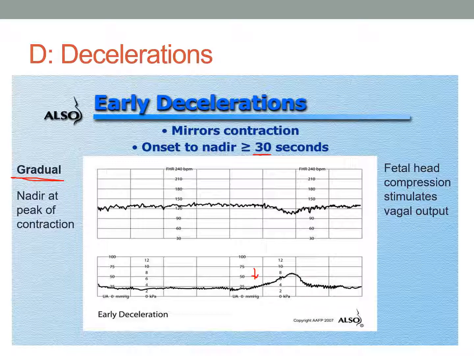The decel is starting similarly, right around here. The peak, the trough or the nadir of the deceleration matches the peak of the contraction. Once the contraction is all done, the heart rate is back to baseline right here. So the physiology is usually fetal head compression, stimulating vagal nerve output. Once the head is no longer compressed, the parasympathetic system is no longer firing, and you get back to baseline.